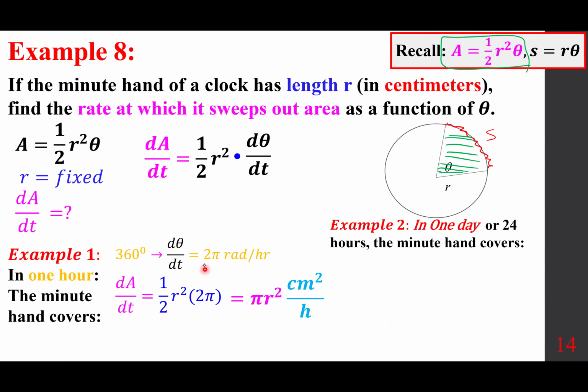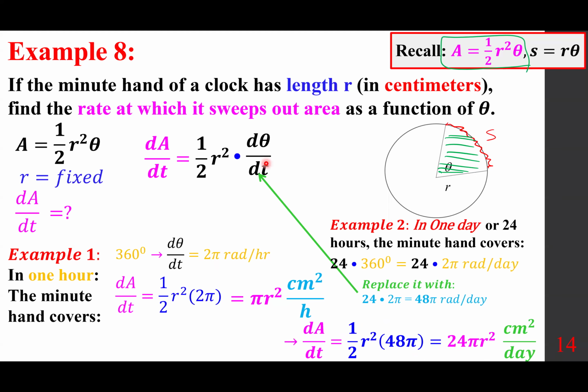So 24 times 2 pi radians per hour gives us 48 pi radians per day. So all we have to do, d theta dt must be replaced with that in 1 day. So 1/2 of r squared times 48 pi. 48 divided by 2 is 24. So 24 pi r squared, units of area over units of time, centimeters squared per day.